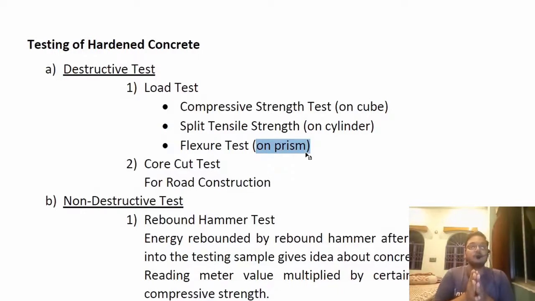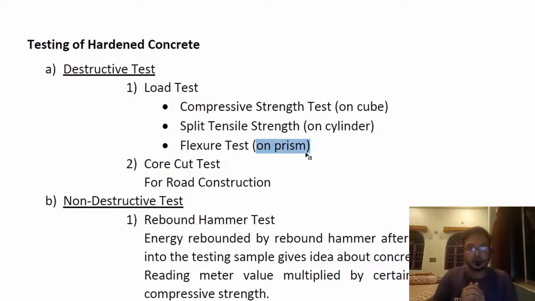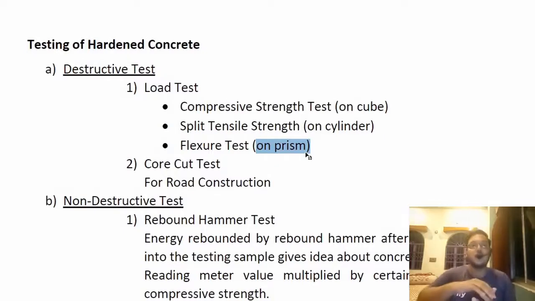After certain days of curing, we apply load in all the possible ways, like compressive stresses, tensile stresses, and flexure stresses. We try to apply all types of loads and stresses, and we destroy that particular specimen. After we destroy the specimen, we get an idea of how much load it can take.